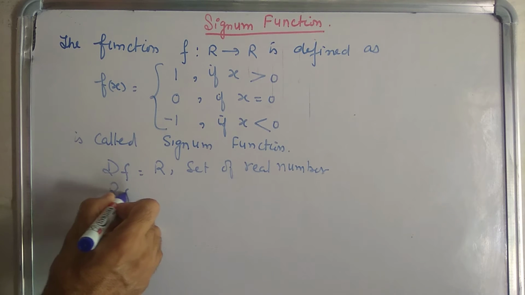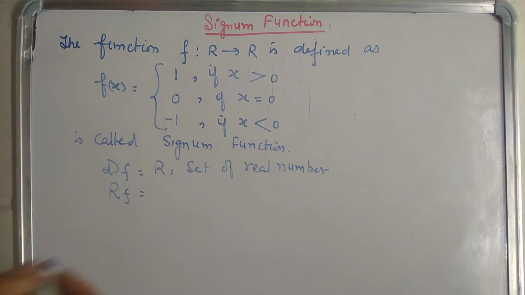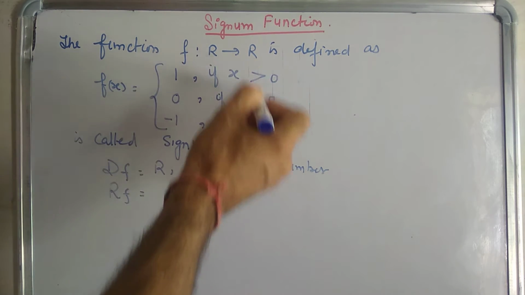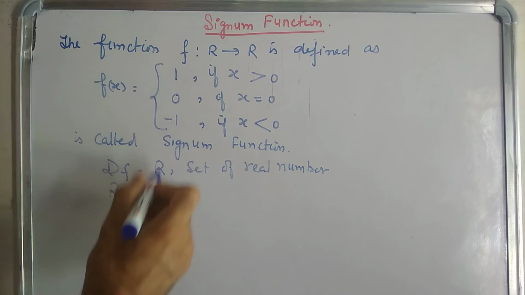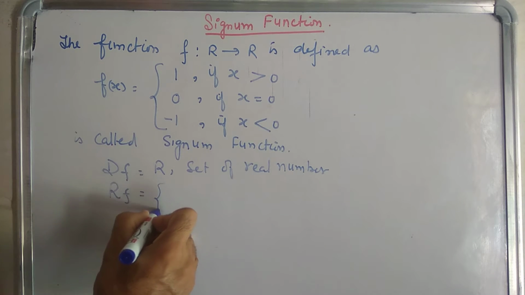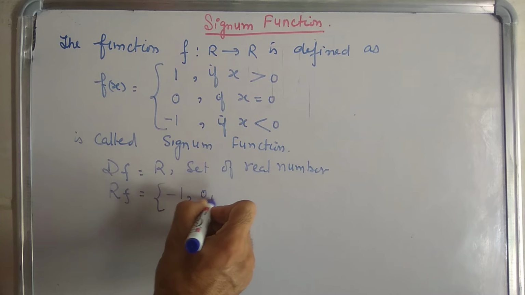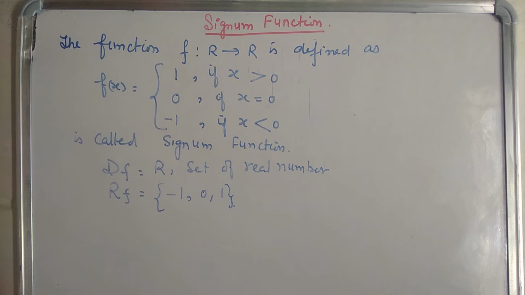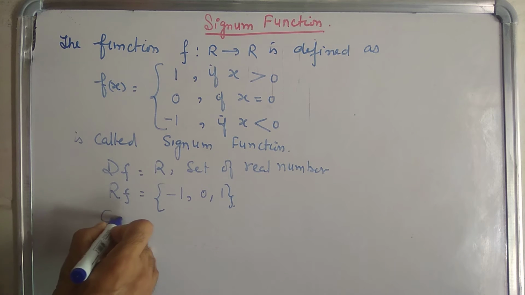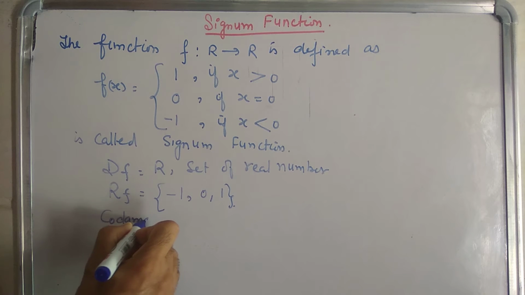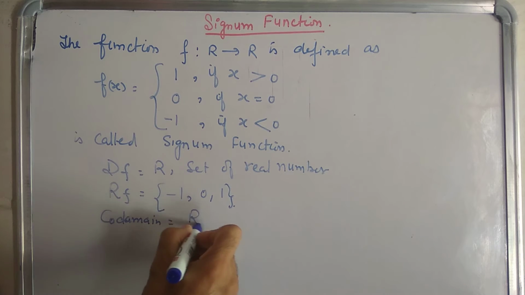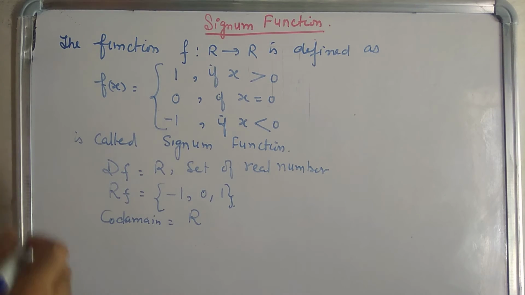And if we want to know the range of the function, all these elements have only 3 images, so the set of images is -1, 0, 1, only 3 elements. So this is the range of this signum function. And the codomain, we know, is the whole set of real numbers.